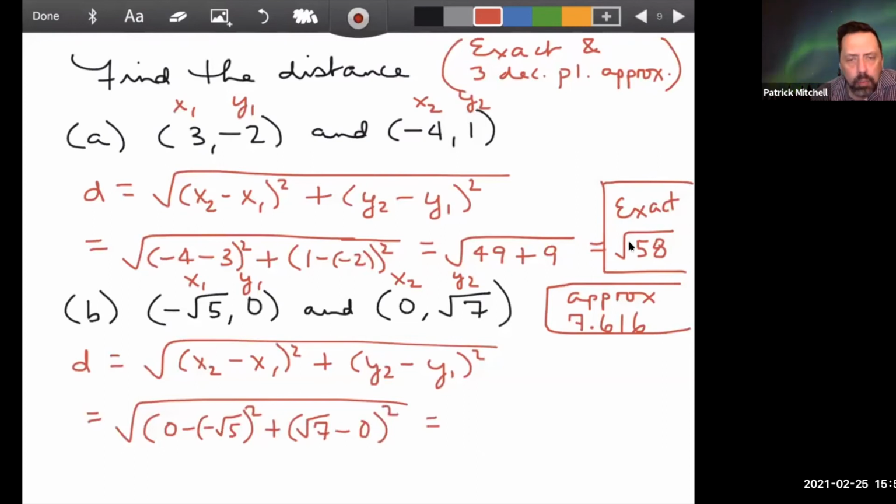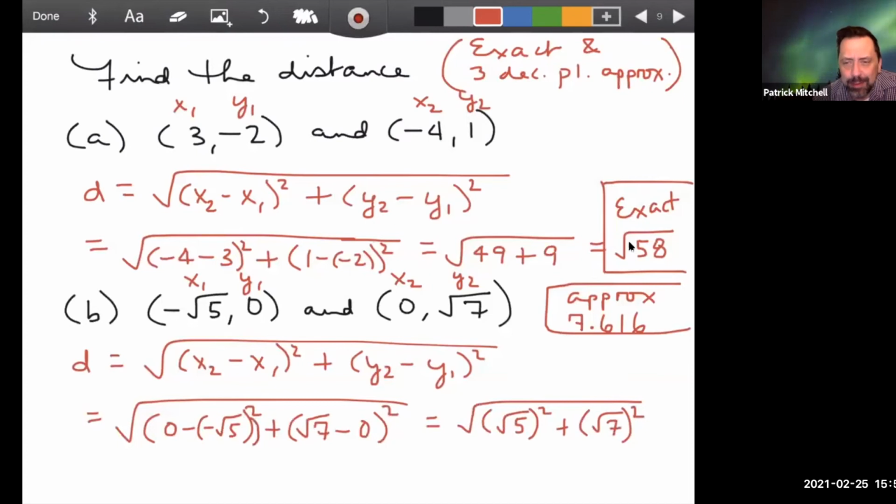All right, 0, oops, I left out a parenthesis. 0 minus the square root of 5 is just square root of 5. Don't forget that's squared. And then square root of 7 minus 0 is square root of 7.